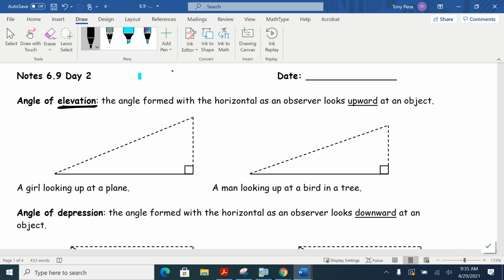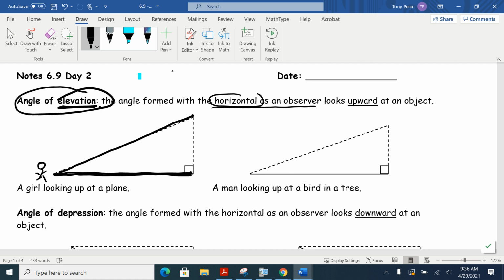So an angle of elevation is the angle formed with the horizontal as an observer, focus on this word, looks upward at an object. If this is our horizontal and we are looking upwards at an object, then the angle of elevation is this angle right there, the angle that we look up at. Okay?